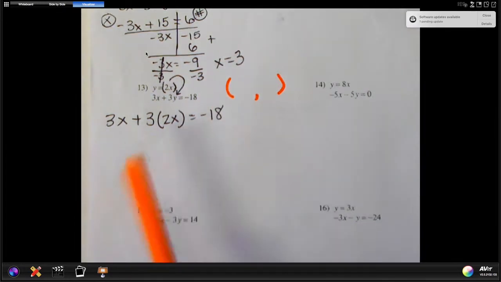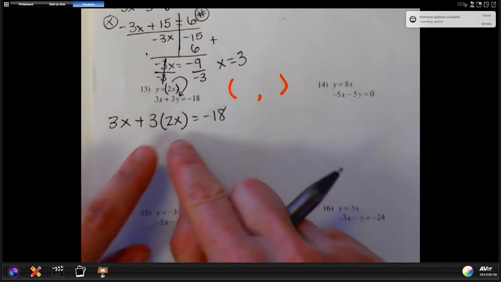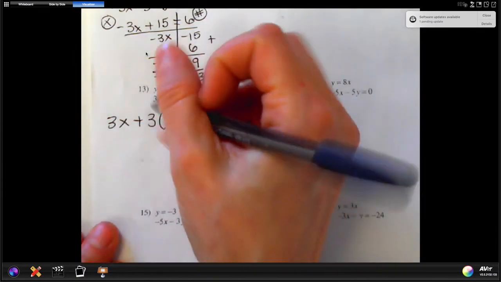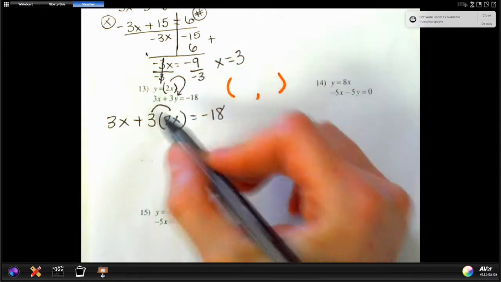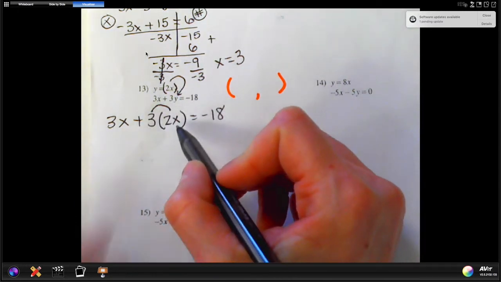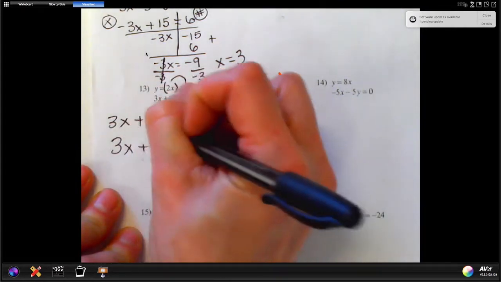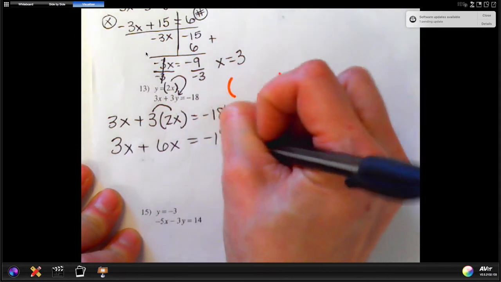Looking at this, I can't do a chart because I have these parentheses. Let me remind you that that's really distribution of the number. We used to do it when there's a binomial, 2 of them, but here we're just going to do it once. So 3x plus, well, 3 times 2x is 6x, equal negative 18.